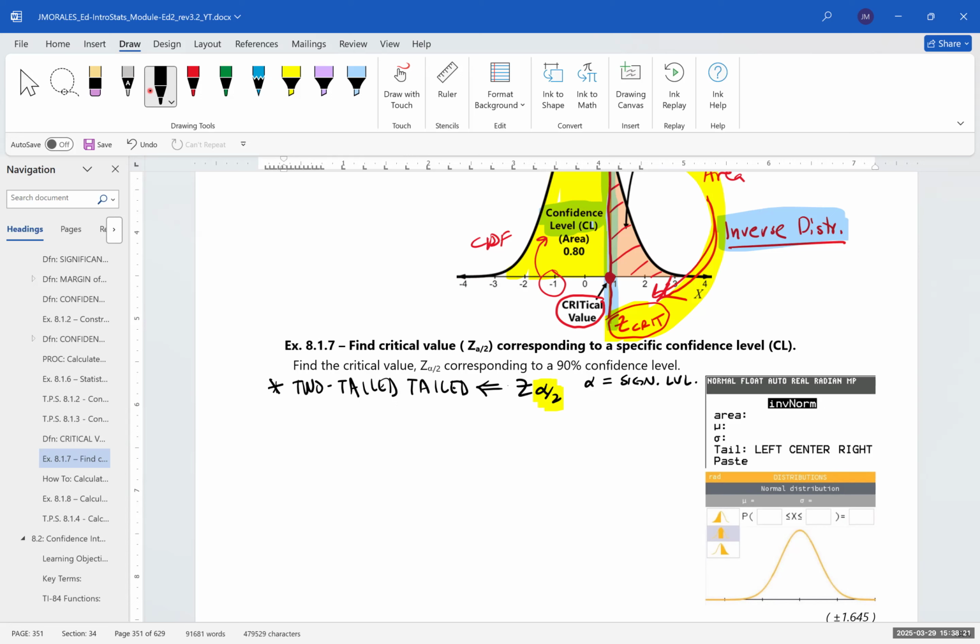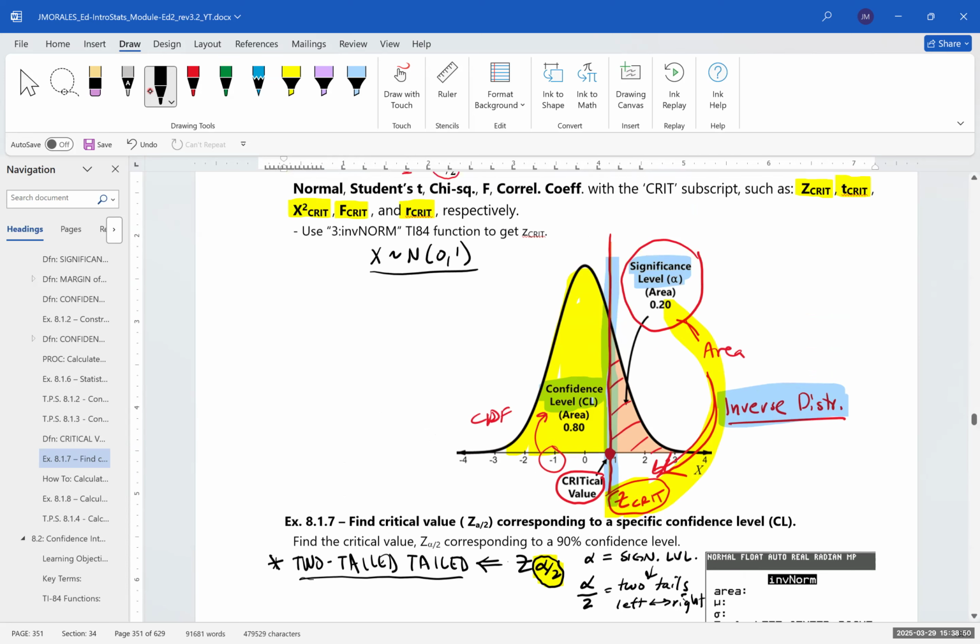And when the significance level is divided into halves, when it's divided by 2, this means we're taking the significance level and separating it into 2 tails, one on the left and the other on the right. So by seeing this subscript here, that tells us we're dealing with a 2-tailed distribution.